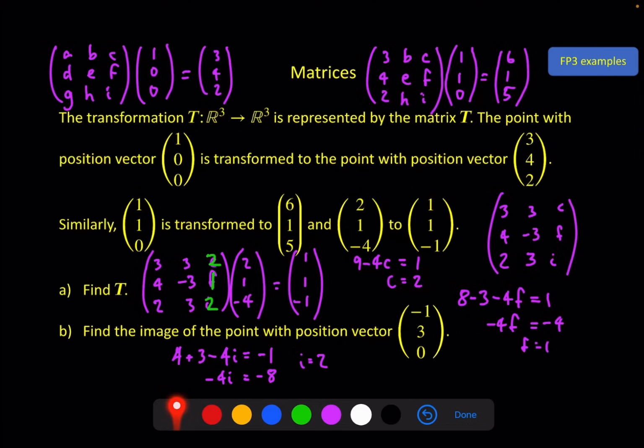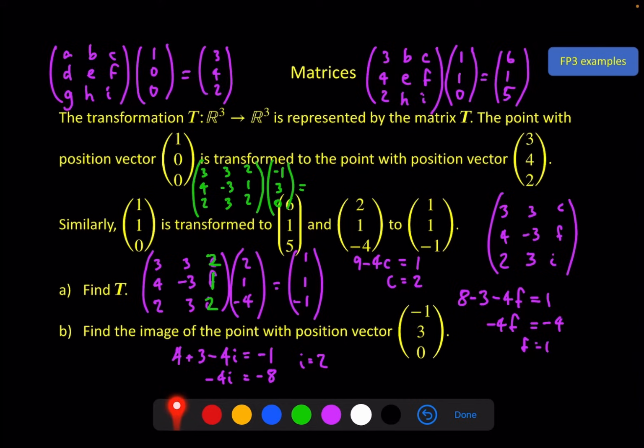Then we need to find the image of the point with position vector minus 1, 3, 0. I'm running out of space, but I don't really want to delete that. So let me squeeze it in here in green. And we're applying that to minus 1, 3, 0. And then this is the easy part, applying the matrix transformation that we know to a position vector that we know, we simply do the multiplication.